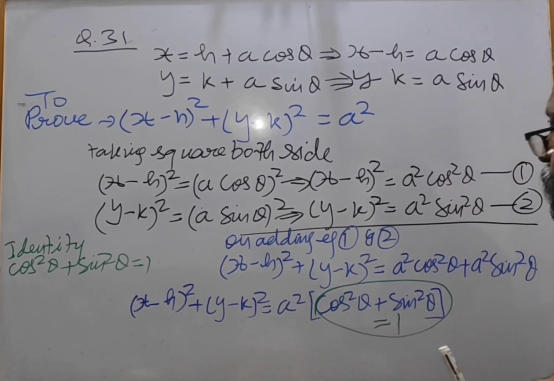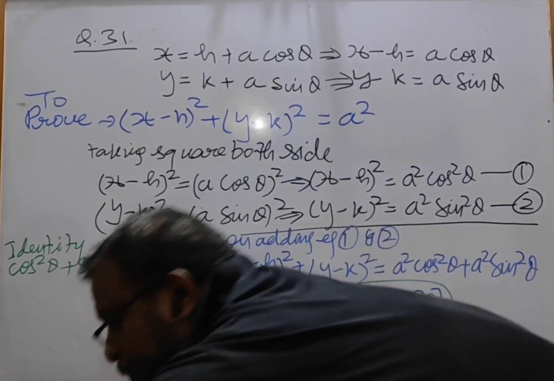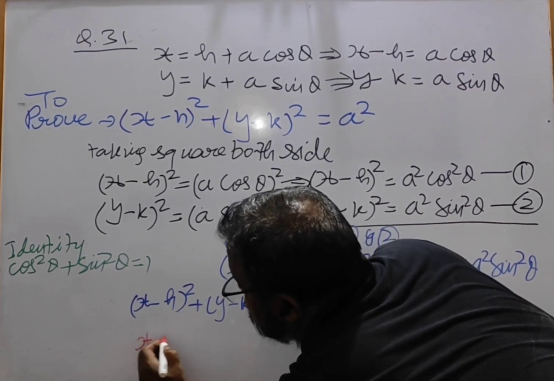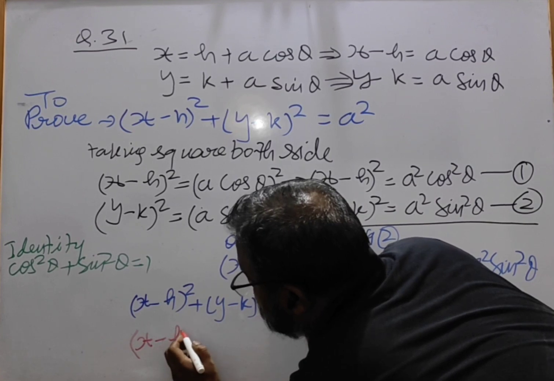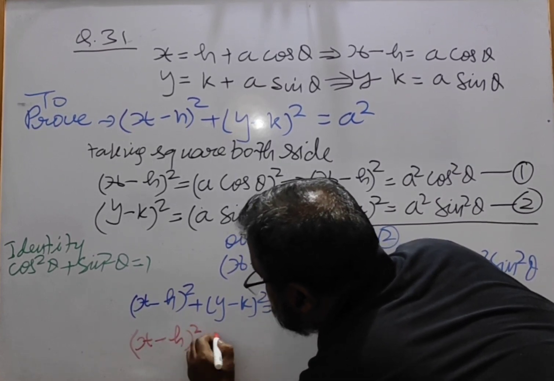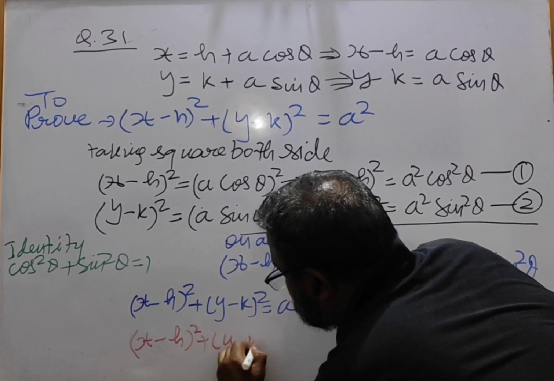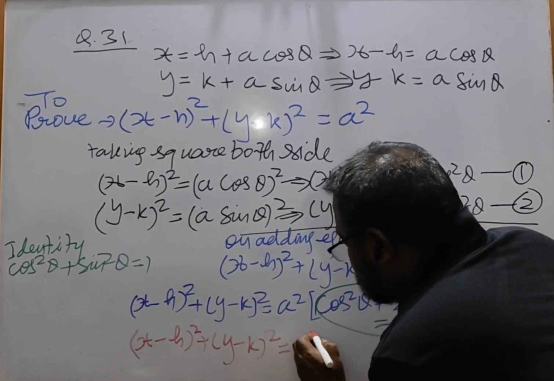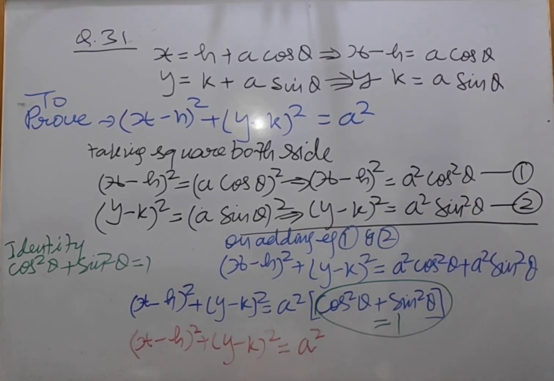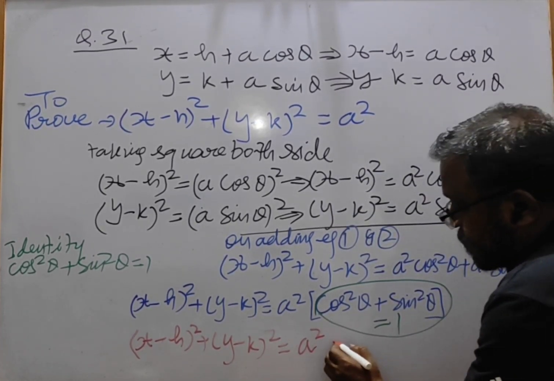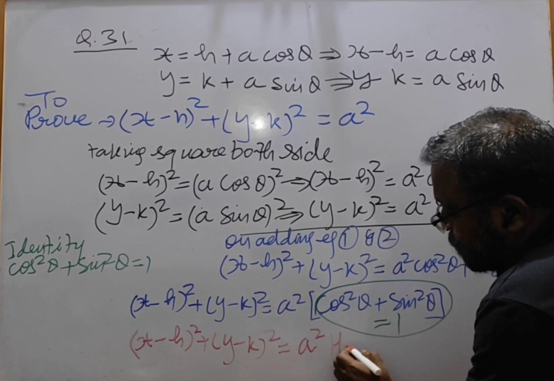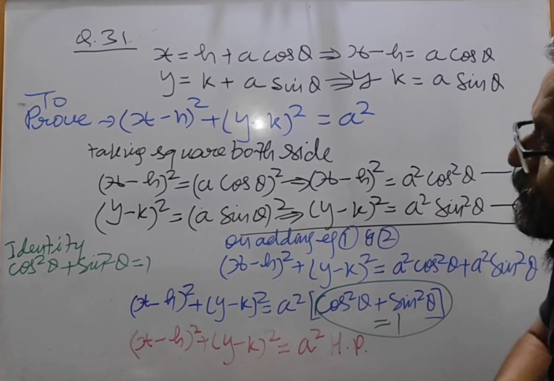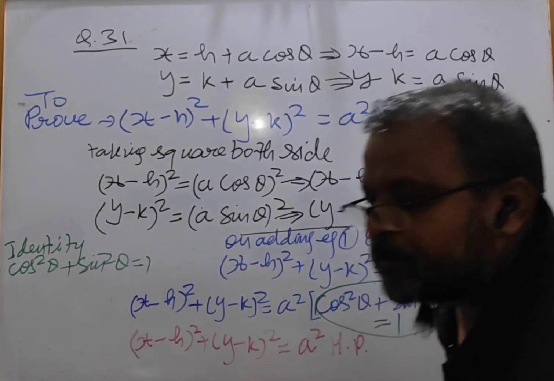So therefore your final answer will be (x minus h) whole square plus (y minus k) whole square is equal to a square. Getting? So this is hence proved. So this was question number 31.